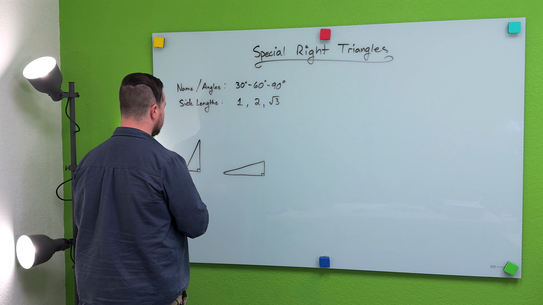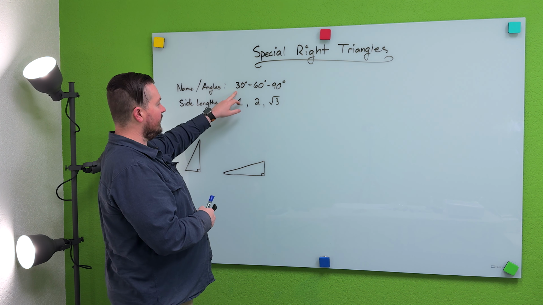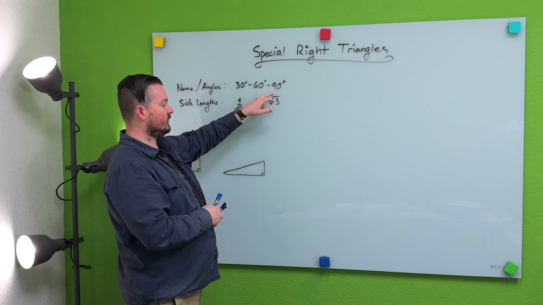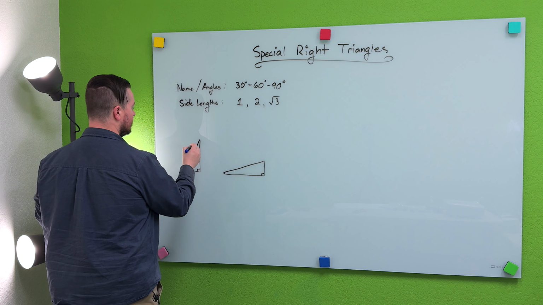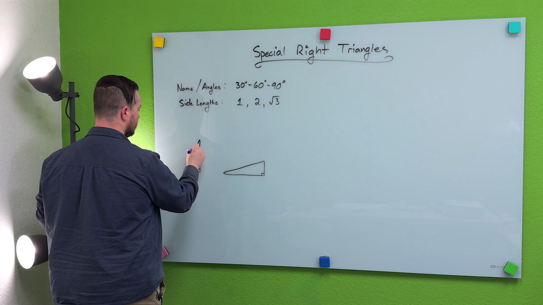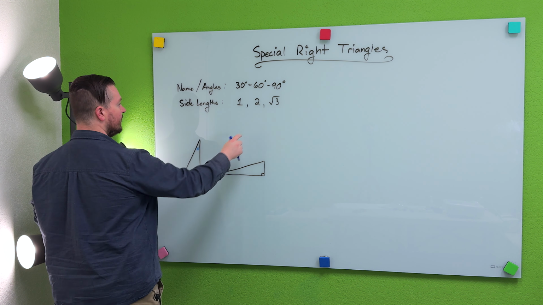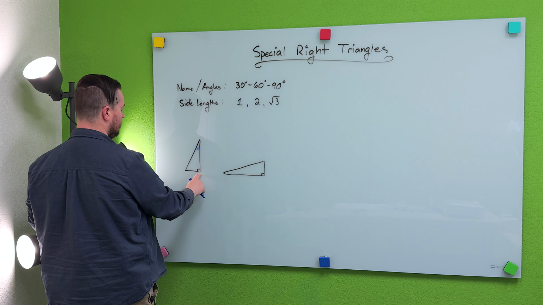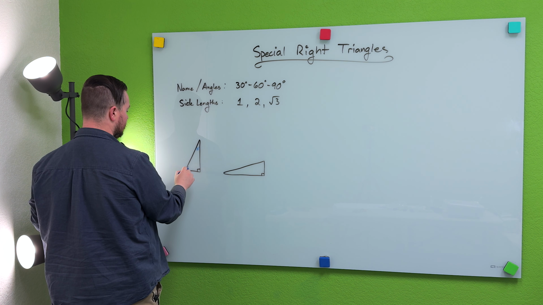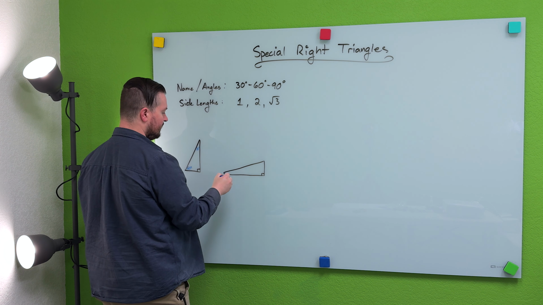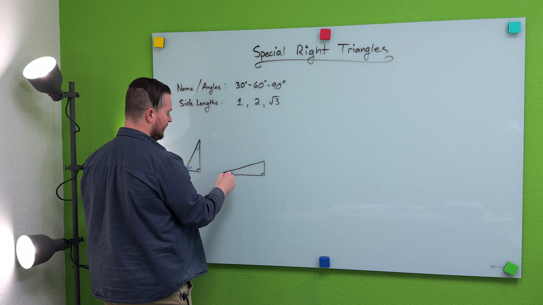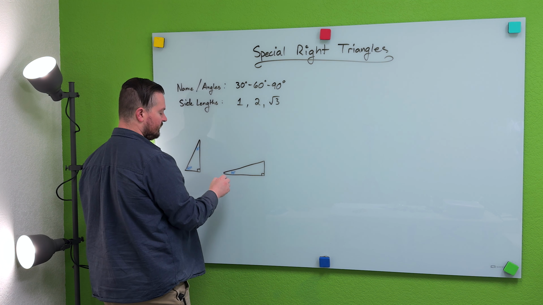So inside this triangle, we have the smallest angle, the middle angle, and the largest angle. So the smallest angle is in the smallest corner. That's the 30 degrees. The biggest angle, the 90, is the right angle. So the 60 is the one in the middle in terms of size. And similarly over here, the smallest corner has the smallest angle, the thinnest corner.